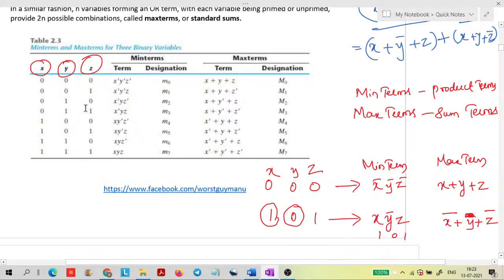In min term we consider this as x, but in max term, x bar.